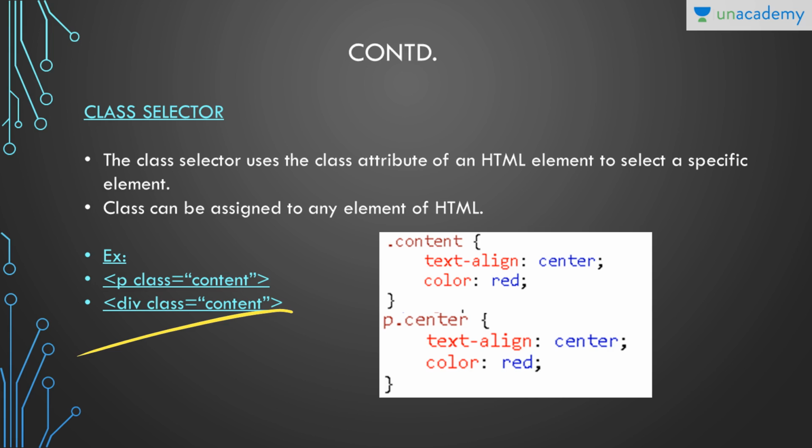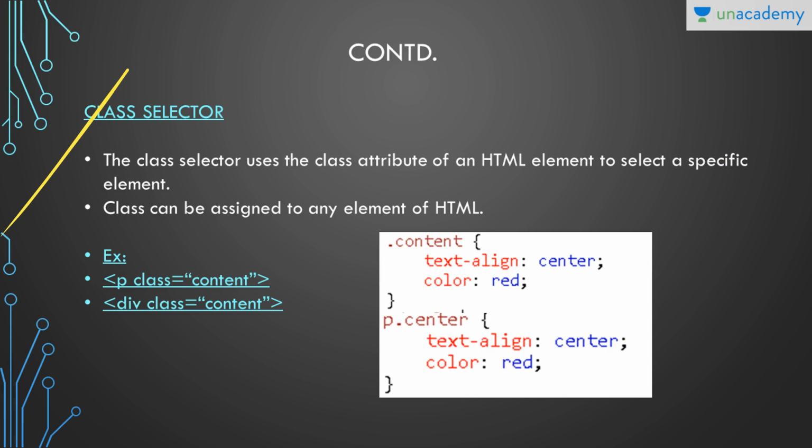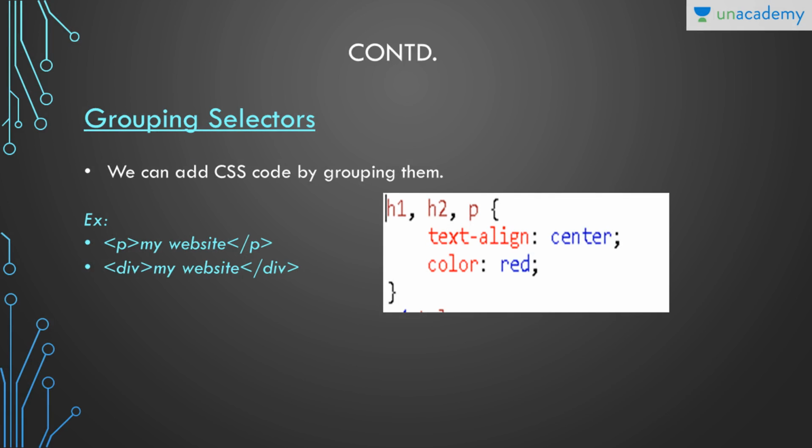Now if I just want to have a change in my paragraph and not in the division, I'll use p dot center. That means the change will be applied to only the paragraph tag. Okay, so in this way we can use the class. We can use it for single or multiple elements, so that's why it's very important. And also ID is very important, right?